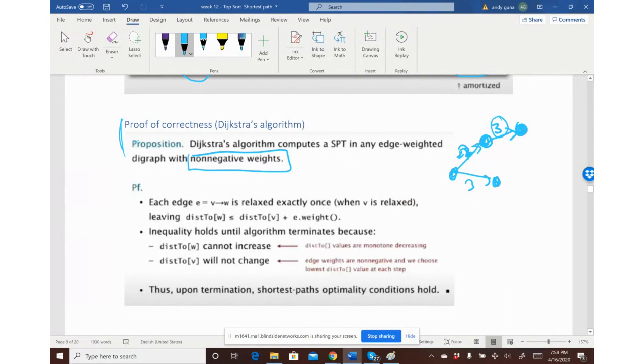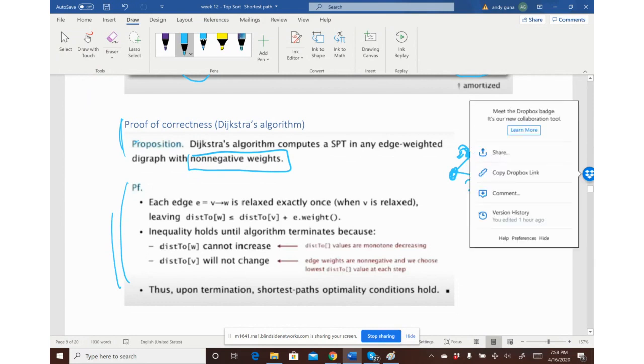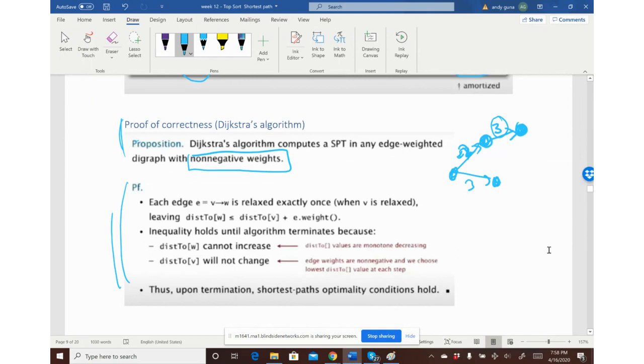The proof of correctness of Dijkstra's, which is proved by induction, like you probably did in discrete structures, is based on the fact that the weights are non-negative. Let me pause here.